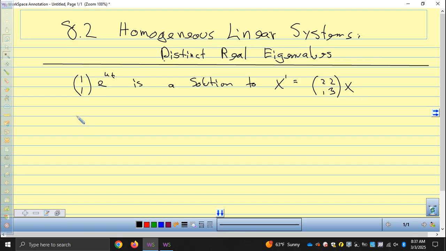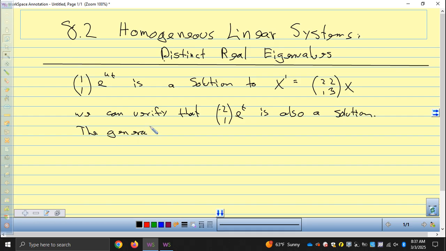We can verify that negative 2, 1 e to the t is also a solution. So the general solution then is going to be x equals c1 times negative 2, 1 e to the t plus c2 times 1, 1 e to the 4t.